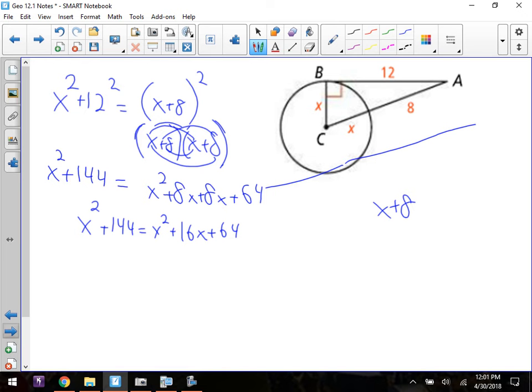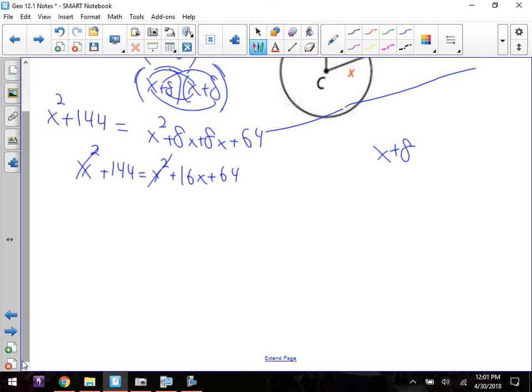So you don't have to worry about factoring this problem. You just wind up with a two-step equation. 144 equals 16x plus 64. What do you do first? Okay. Subtract 64. Remember, guys, this is not going to be a real difficult setup, but it's a lot of steps that you have learned in the past that you just probably have forgotten.